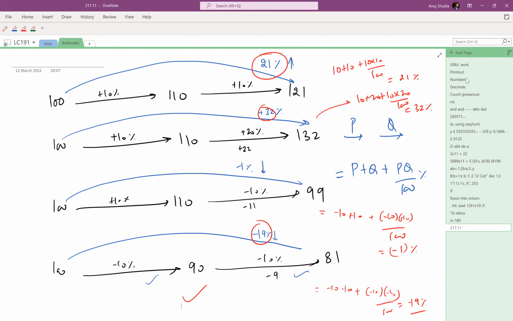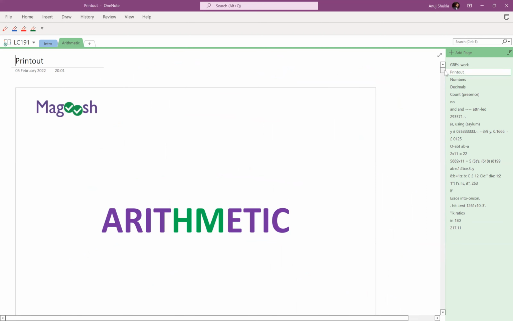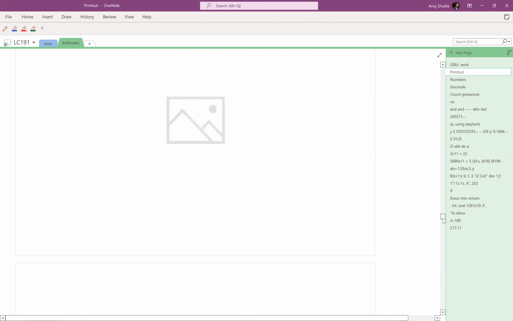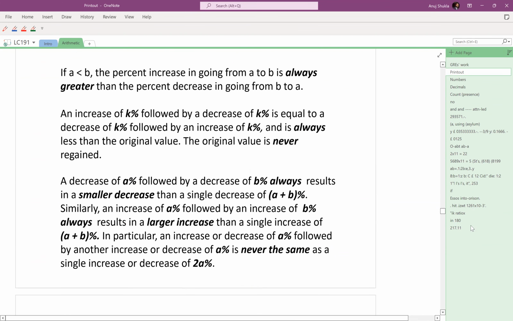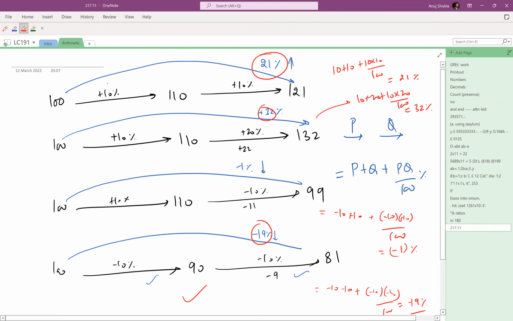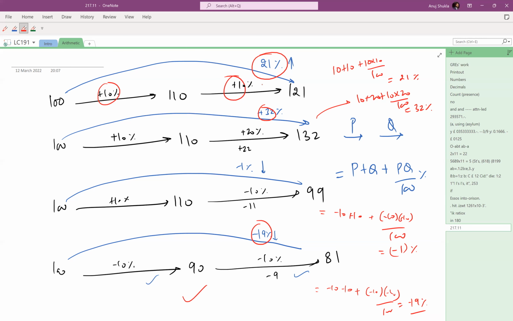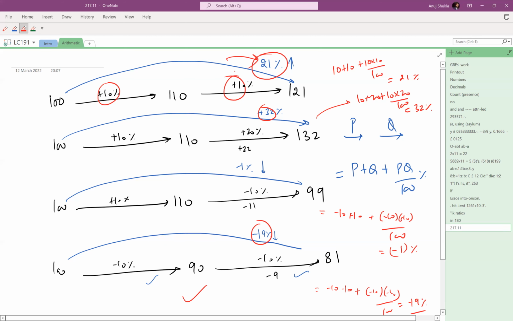In this slide, what they have told, I'll explain. If you have consecutive increases, the overall increment will always be more than the summation of the individual changes. The overall change is 21%, which is more than the summation of these two individual changes.